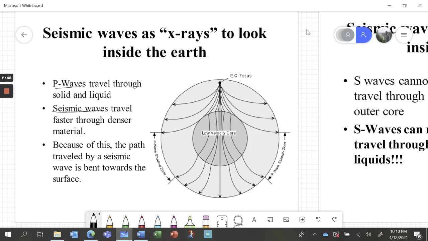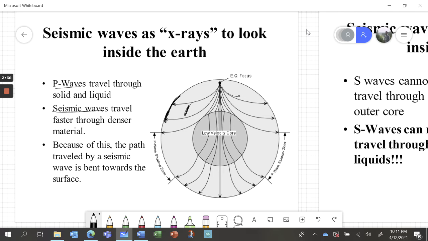So if the most dense material is on the very upper crust, that means the waves on the very surface of the planet are going to be moving faster than the waves that are down here. Essentially, that just causes all of these waves to want to get to the surface as soon as they can, so that way they can travel faster. So seismic waves curve because they travel faster as they get closer to the surface.